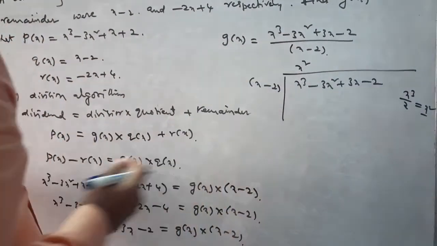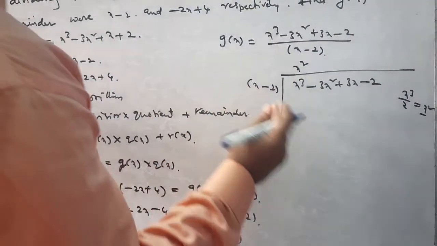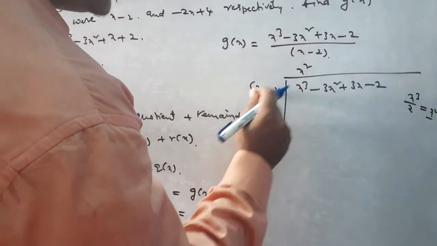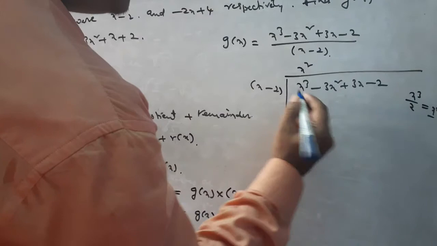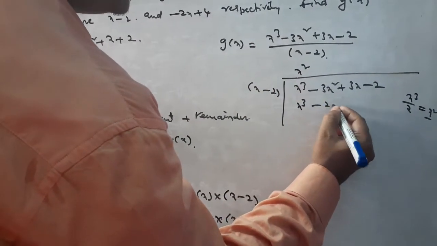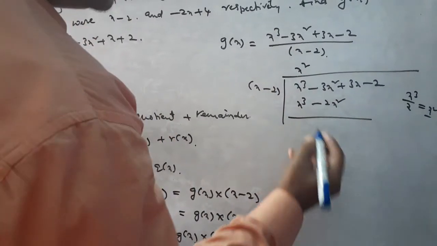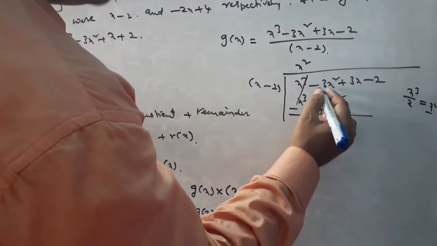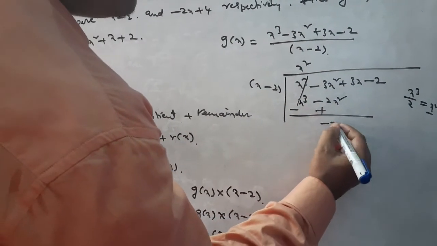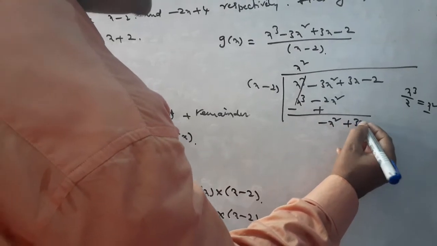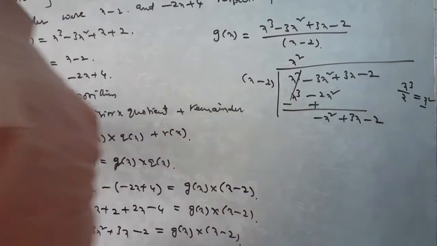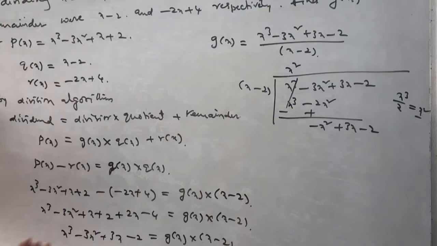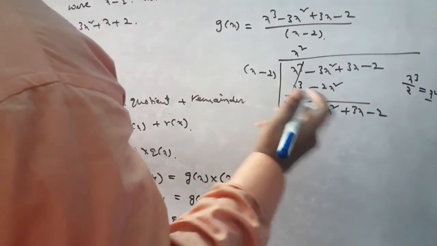X square multiplied with x minus 2, we get x cube minus 2x square. We have to change the sign, minus plus, so x cube cancels. We will get minus 3x square plus 2x square, that is minus x square, plus 3x minus 2. Next we have to find the second term of the quotient.